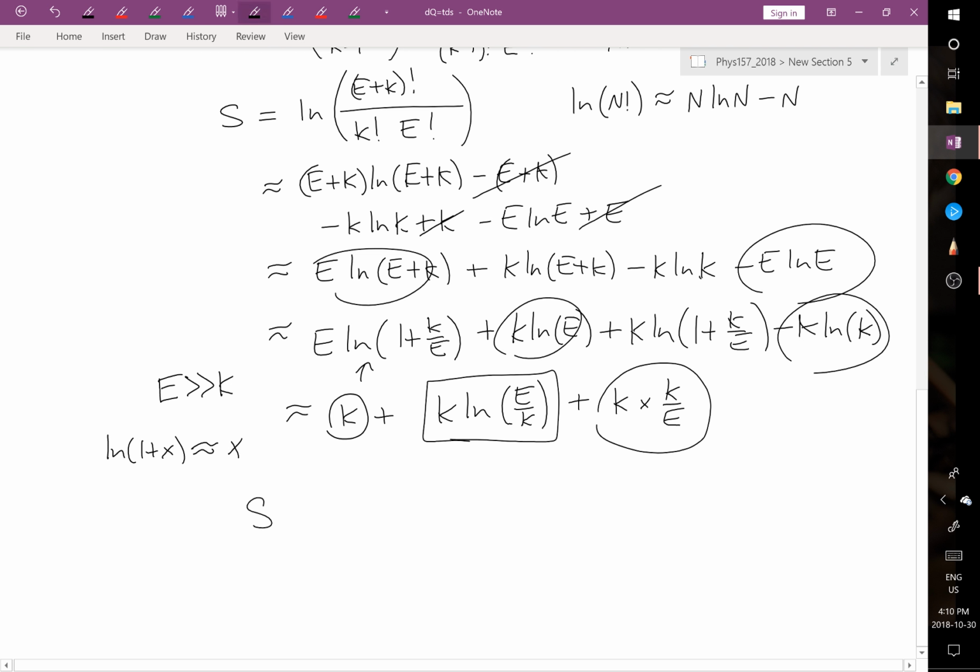So in the end, the entropy overall is approximately equal to K times the log of E over K.